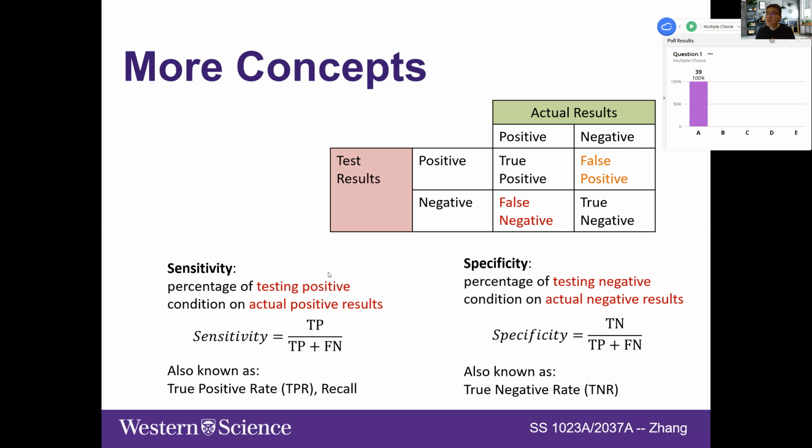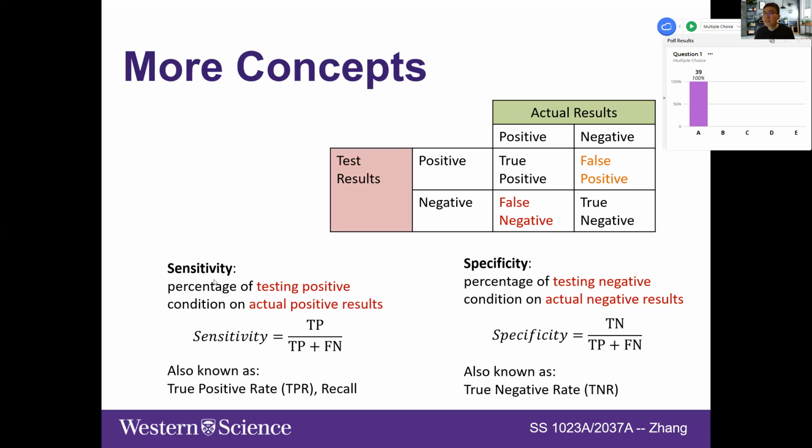So in this case, we will define two different terms according to the percentage of the true positive and the true negative. Sensitivity is a conditional percentage of testing positive, conditional on the actual positive results. Just refresh your mind from lecture 8, where we always start with what's the event and what's the condition.